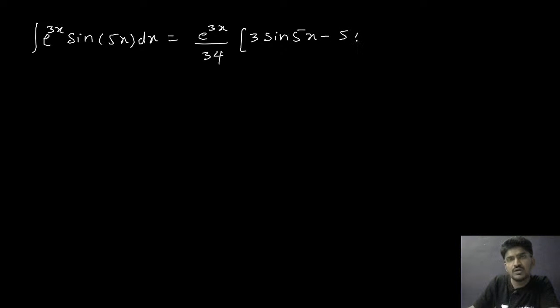That is e to the power of 3x divided by 9 plus 25, that is 34, into 3 sine 5x minus 5 cos 5x plus c. So this will be the answer for this.